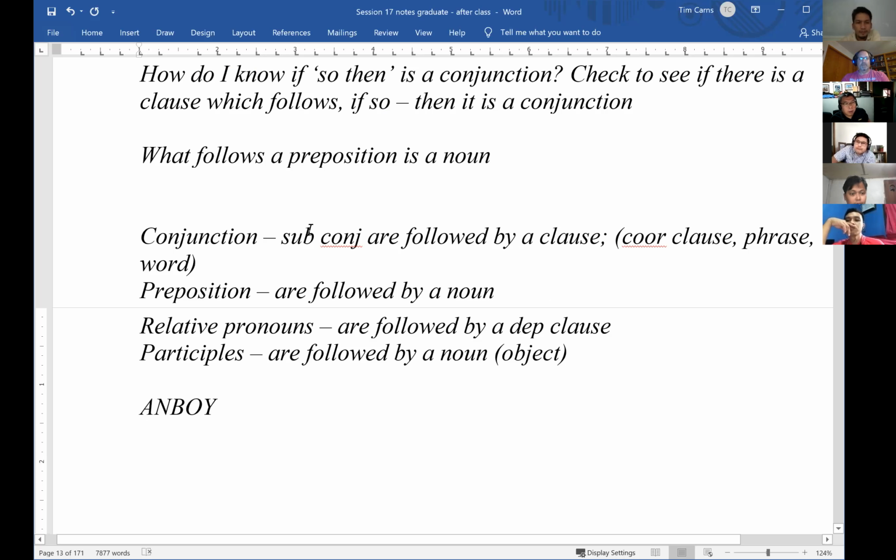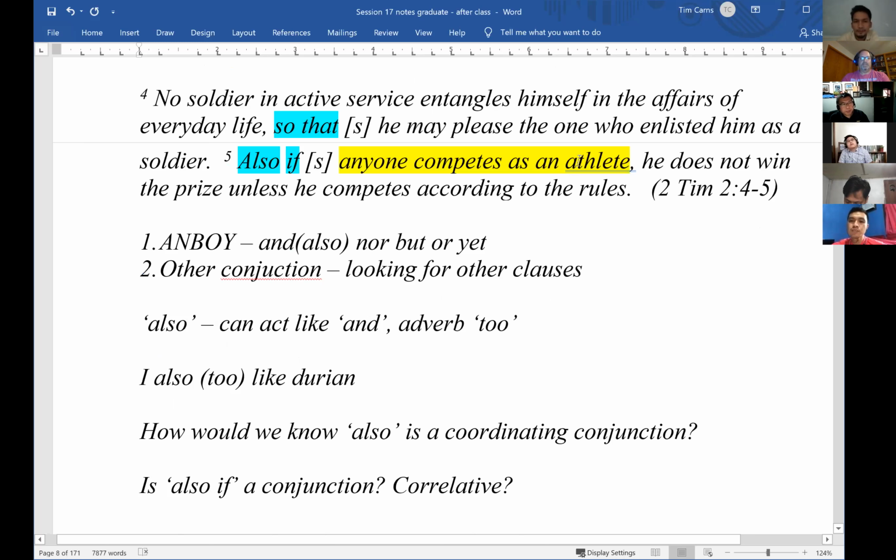If it's not "and boy," then I know it's a subordinating conjunction, or it's a relative pronoun. Those are my two options. If it's followed by a noun, then it's either a preposition or a participle. So we looked at "if anyone competes as an athlete": my subject is "anyone," my verb is "competes." So I know that this word "if" is a subordinating conjunction.